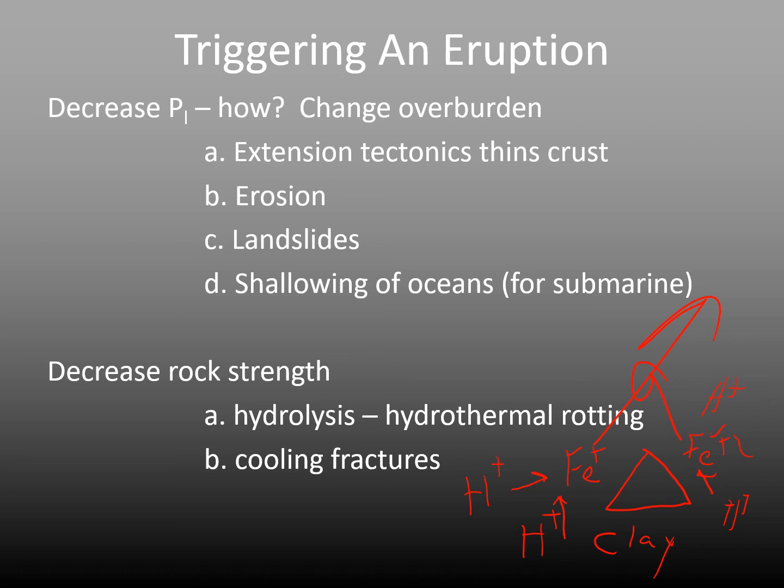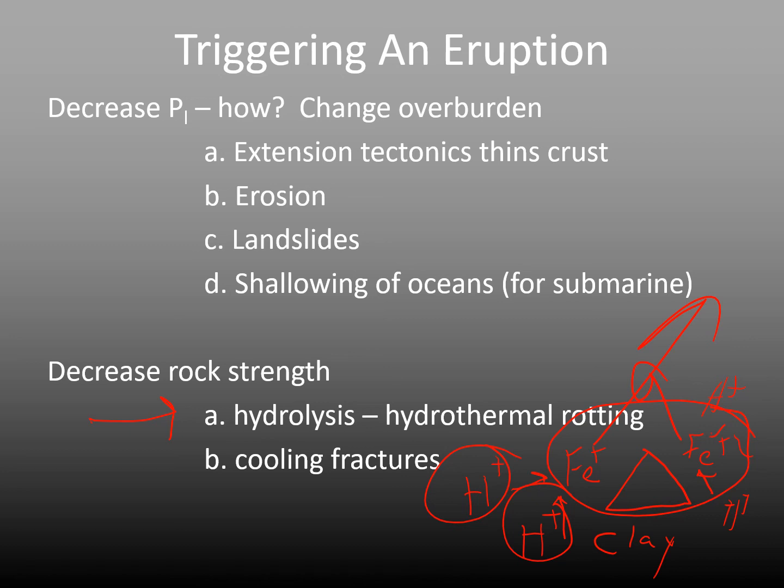So what you do is if you have hot acidic waters, remember heat makes these reactions more energetic. Acids have lots of hydrogen. So if you have hot acids coming off of your volcanic magma chamber, which is something that happens a lot, it can actually take these hard silicate rocks and turn them to clay and greatly reduce their strength.